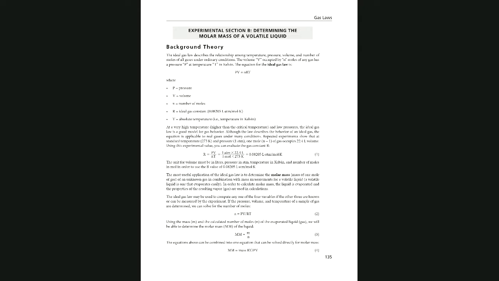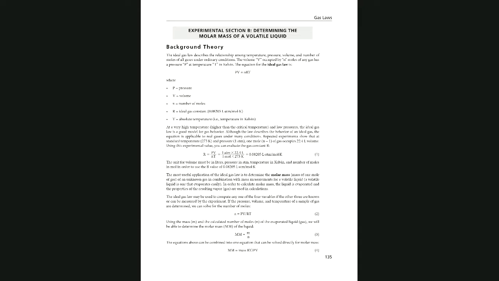So we have all these variables. We have the pressure, which we read from the barometer and it will be provided to you. Volume we measure experimentally. Temperature we measure experimentally. The value for R is given to us. We can calculate the number of moles. If we have the number of moles and the mass of the sample gas, then we can calculate the molar mass.